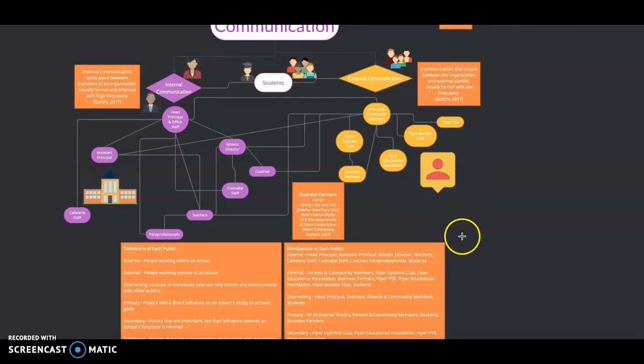And so, as you can see, my chart is a little wonky, and that's mainly because the head principal is connected to so many people, but also, he is really tied into hearing people out. He wants to hear what you have to say. He may even seek you out personally to hear what you have to say about certain situations.